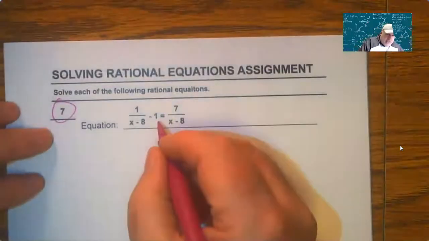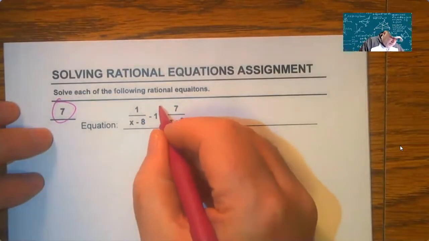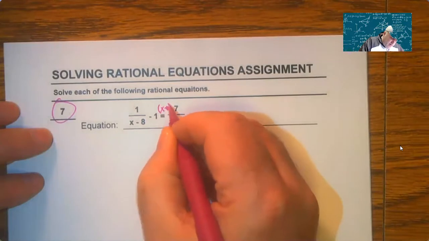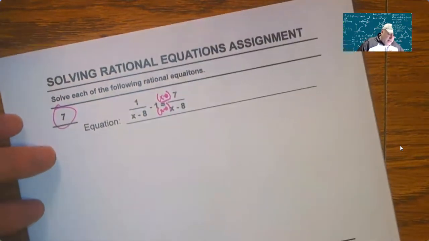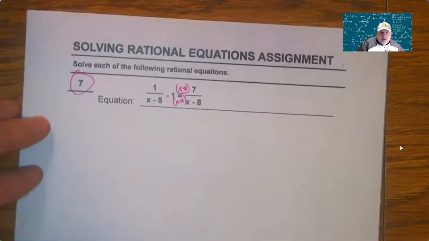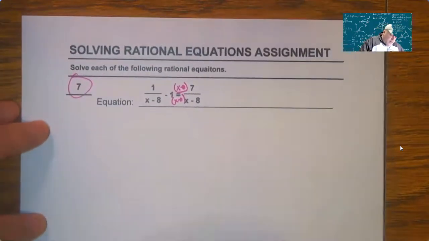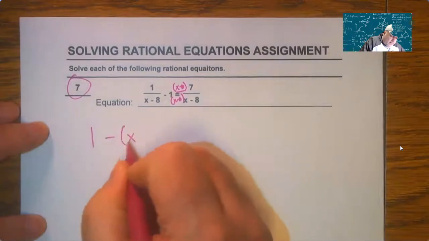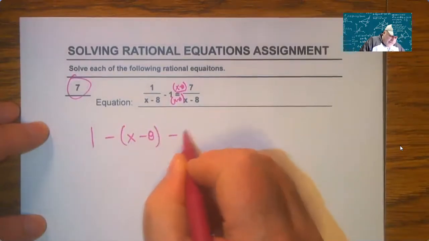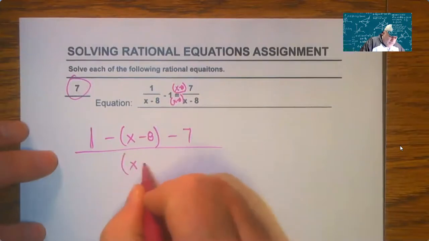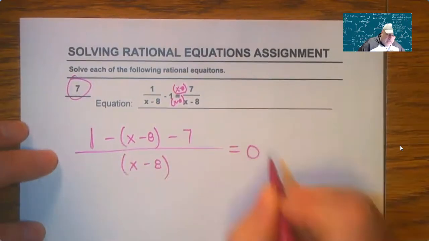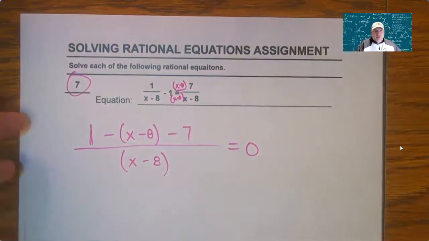Problem 7. So the second one here is missing an x minus 8 on the top and the bottom. So you always got to multiply the top and bottom by the same thing. So we're going to have 1 minus x minus 8 minus 7 over x minus 8. Again, I condensed it. I didn't show the individual steps.